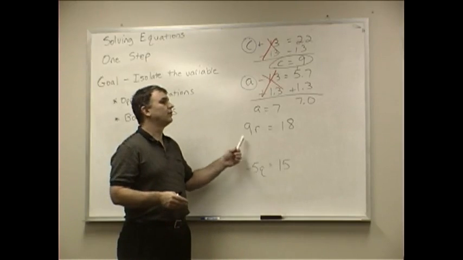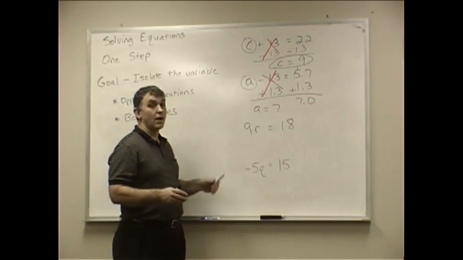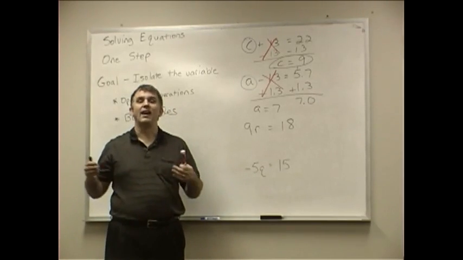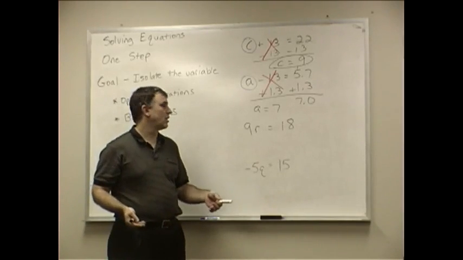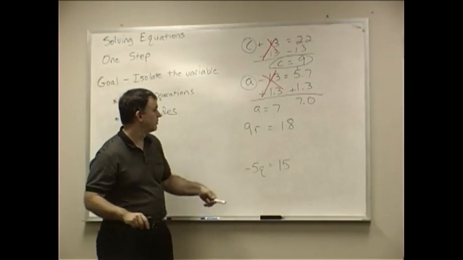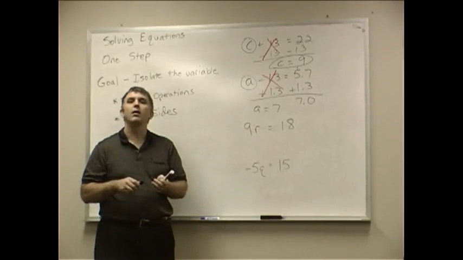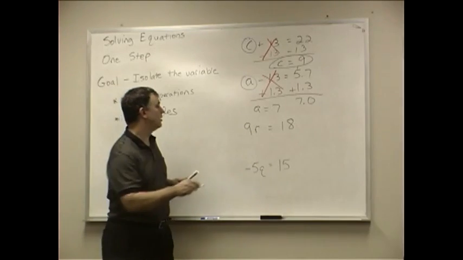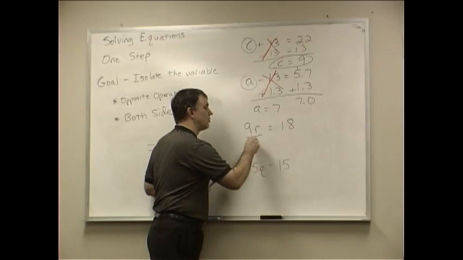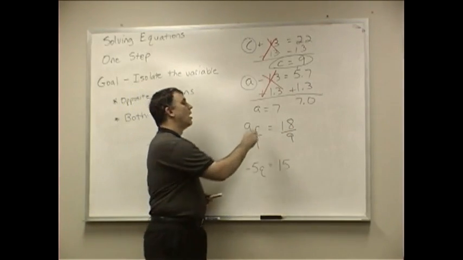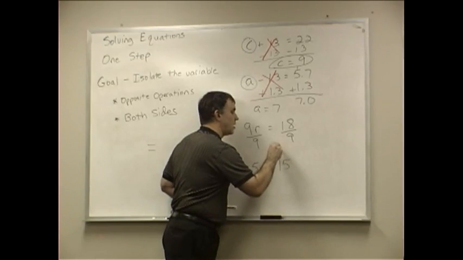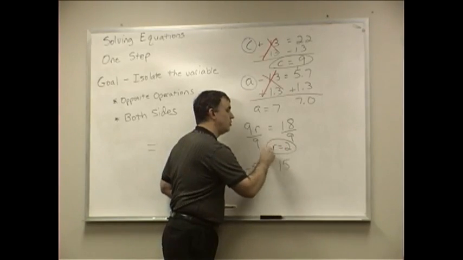That works also. The other method is a little more technically correct, but this method works fine for 99% of the problems, so we're going to use it. So 9 times r, the opposite of multiplying is dividing. So I'm going to divide by 9 on both sides. 18 divided by 9, r equals 2.